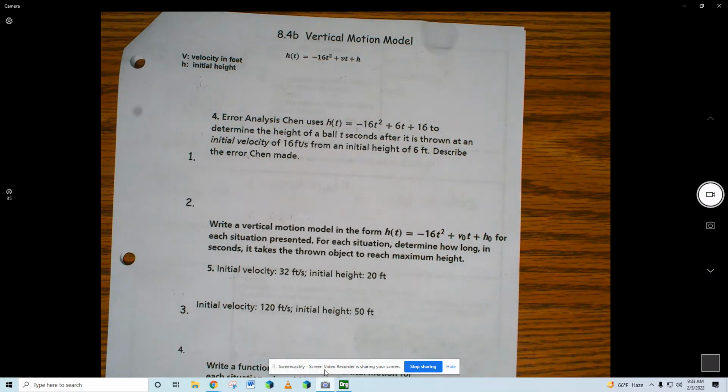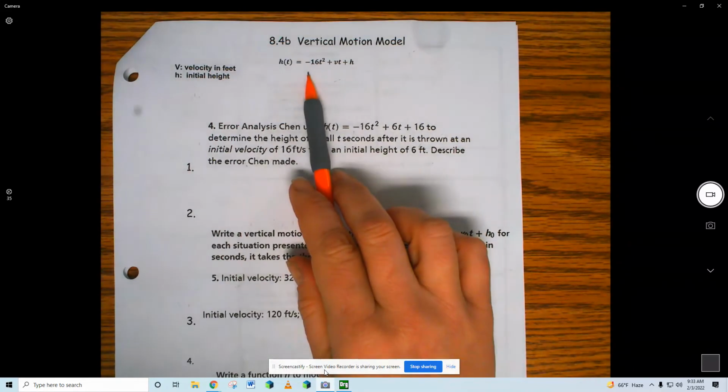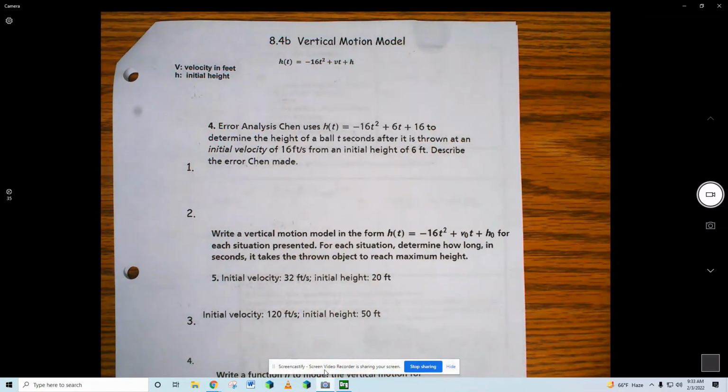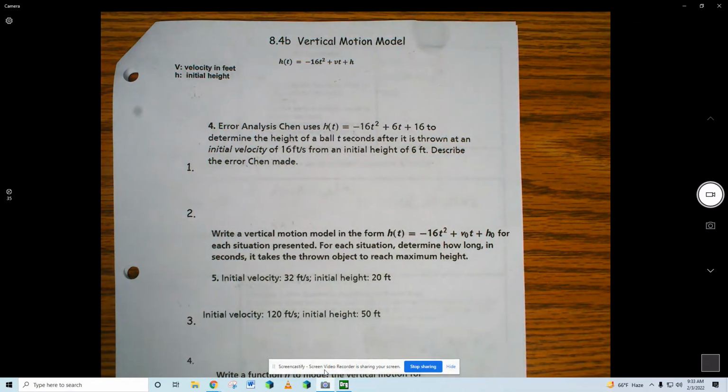All right. Vertical motion model. So here's the basics again. Now an error analysis problem means that something went wrong.